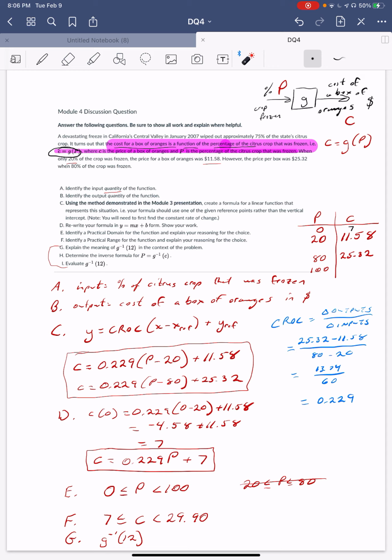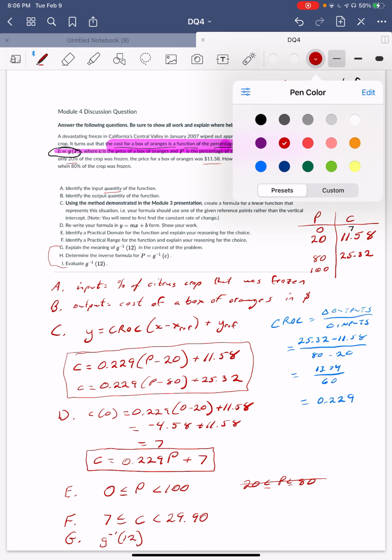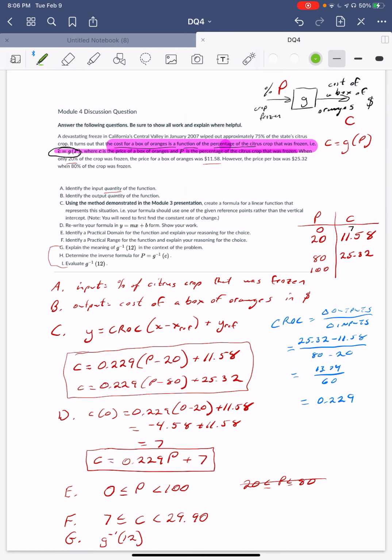So for my inverse function, my input is the cost of the box of oranges. And my output is the percentage of the crop that was frozen. It's just taking the original function and making it backwards so that what was the output is now the input, and what was the input before is now the output.